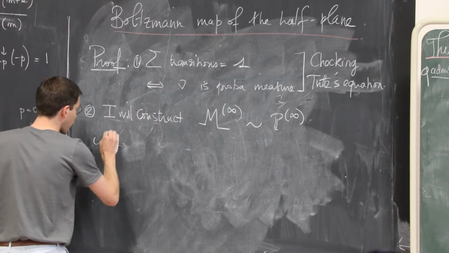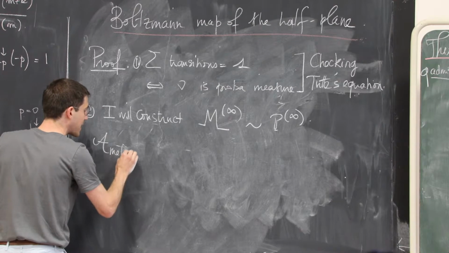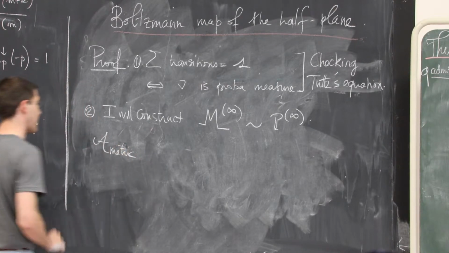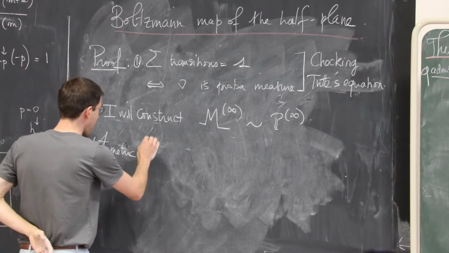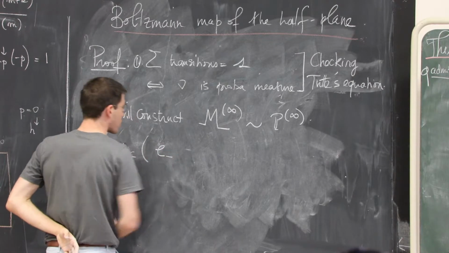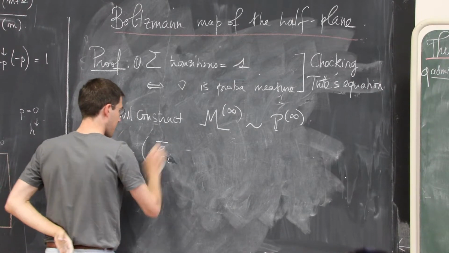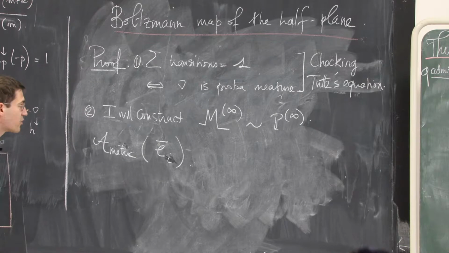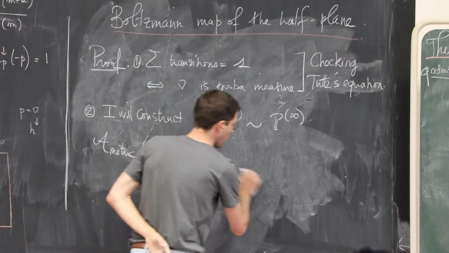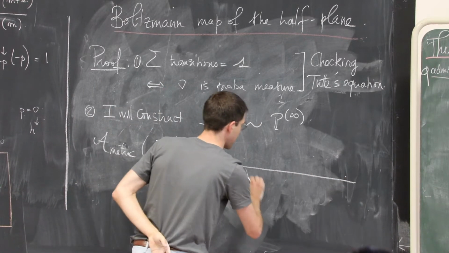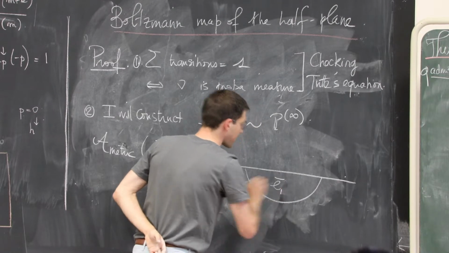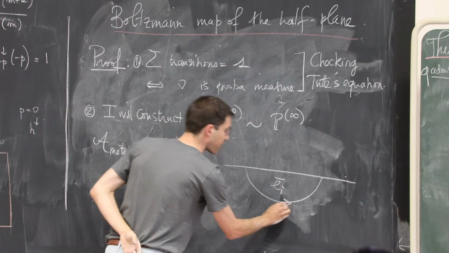So let's introduce the peeling algorithm A metric that we saw yesterday in the exercise session. What is the algorithm A metric? Let's focus on the case of the half plane, it's easier. Let's imagine that's the part that you have explored so far.